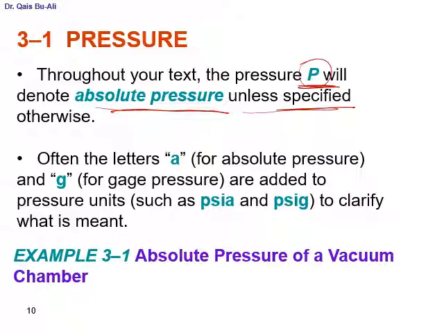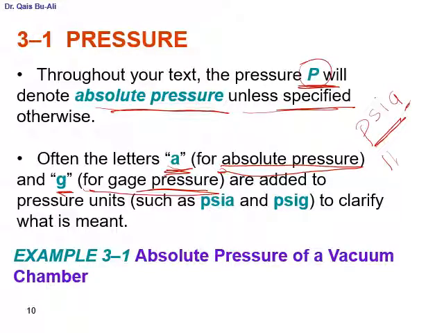Often the letter A is indicative of absolute pressure, and the letter G is indicative of gauge pressure. So in the English system of units, when we write PSIA, we mean pound force per square inch absolute.